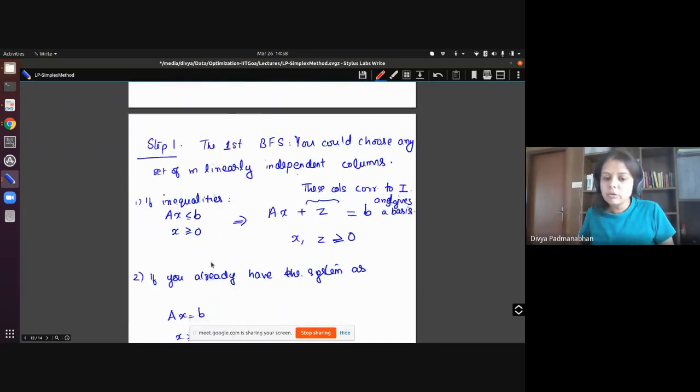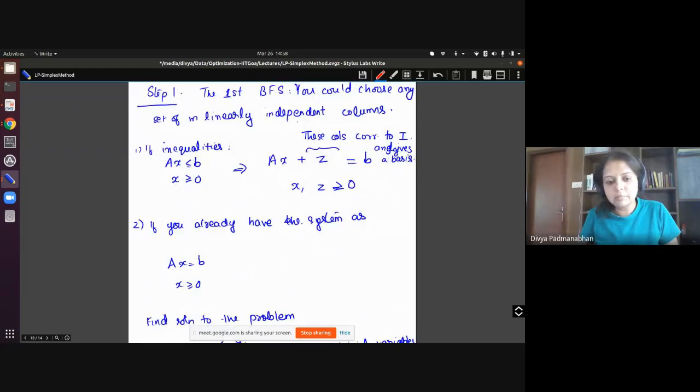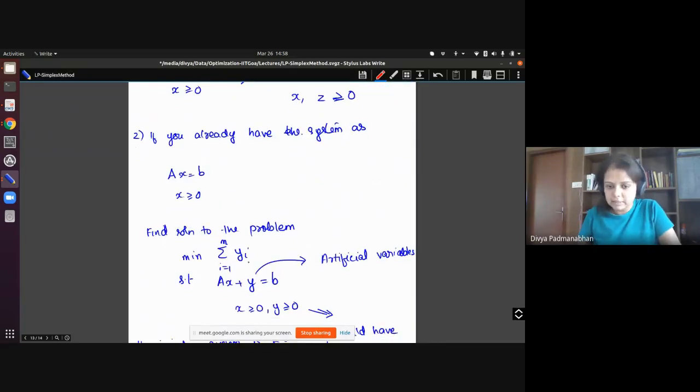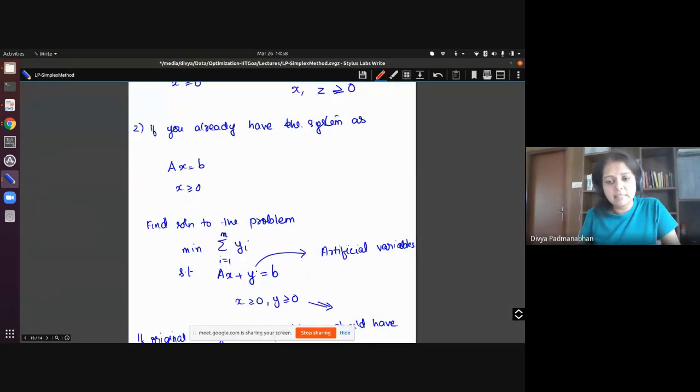Now if you already have the system given as Ax equals b, the standard form, it's not necessary that you will have an identity somewhere in A. So what is done many times is you add some other variables: Ax plus y equals b. These new variables are called artificial variables.